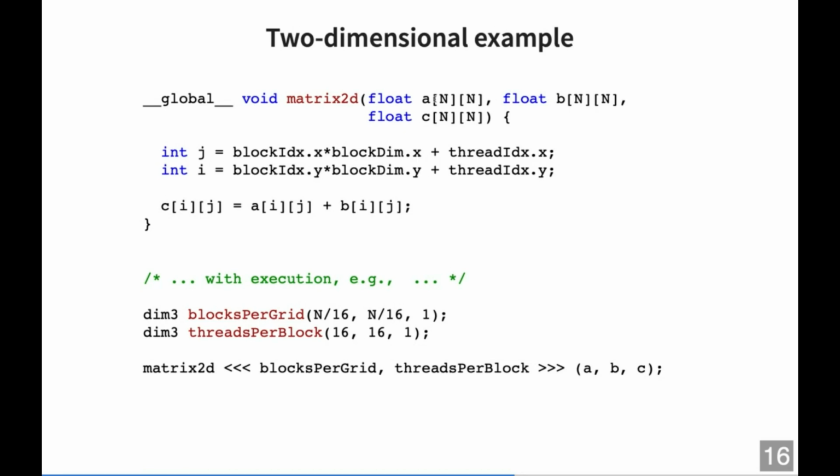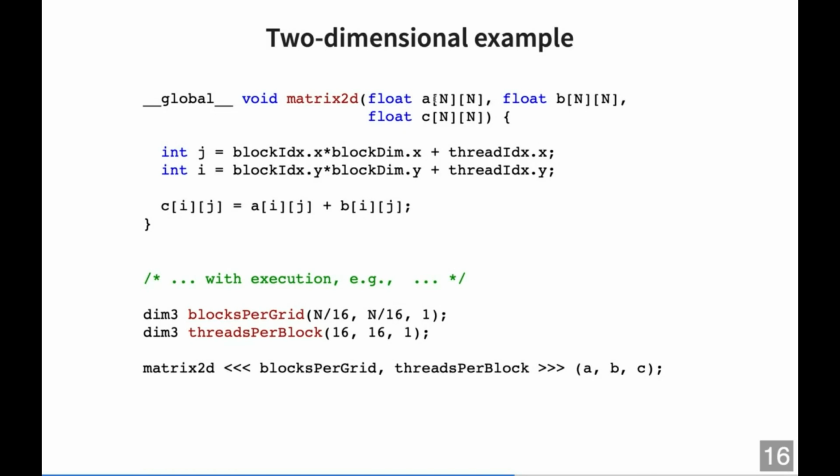So in the kernel, I identify where I am in the x direction in this two-dimensional problem by block index.x and thread index.x, and likewise the y picture uses the y component of this dim3 structure.